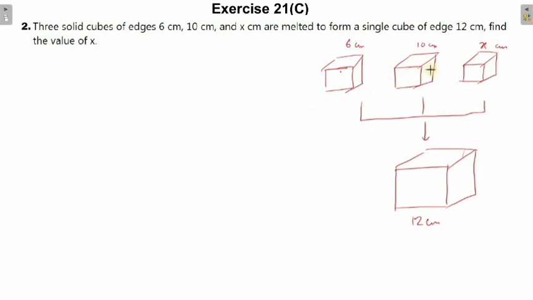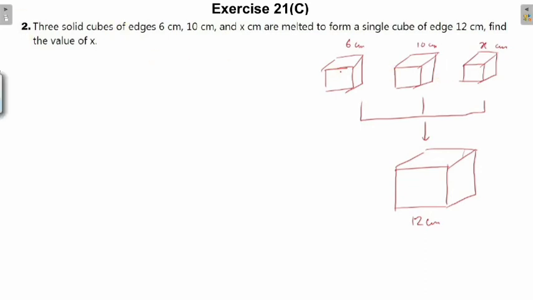Now remember, since you have melted these and formed this cube, it means that the volume of this cube will be equal to the sum of the volumes of the smaller cubes, isn't it?